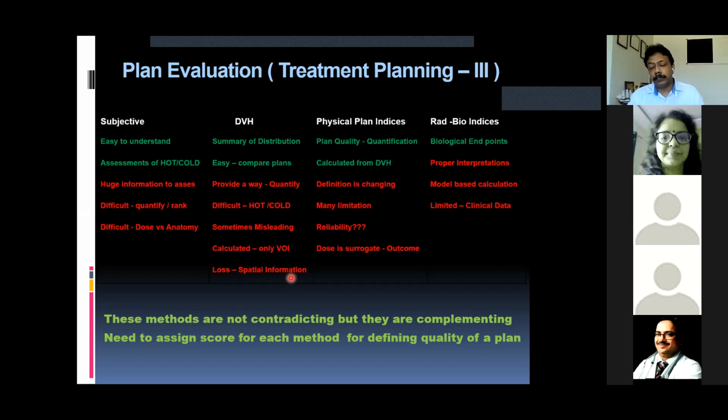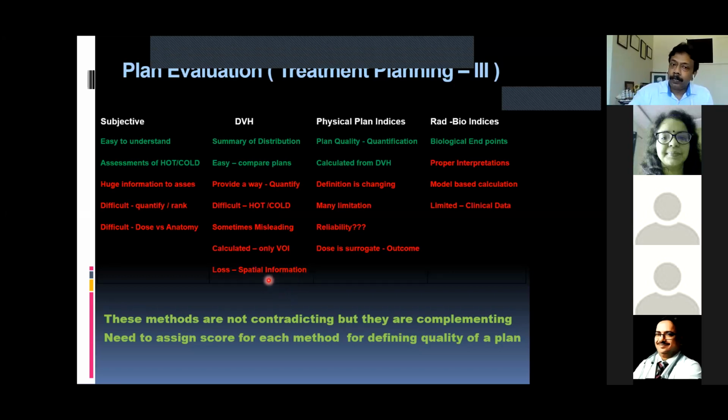It will show only that amount of that organ's information, and in dose volume histograms we lose the spatial information.